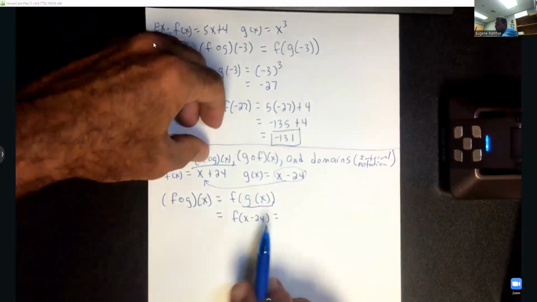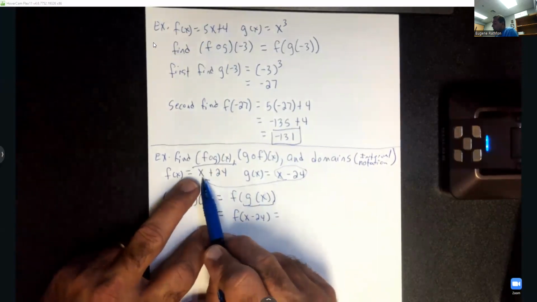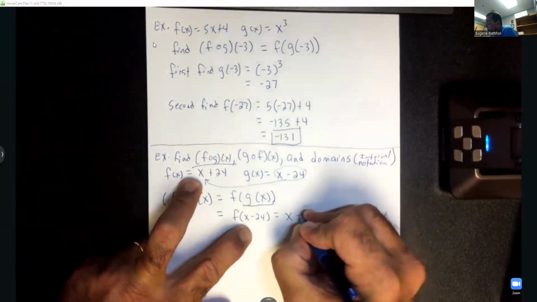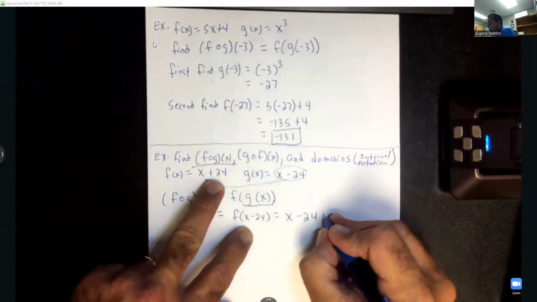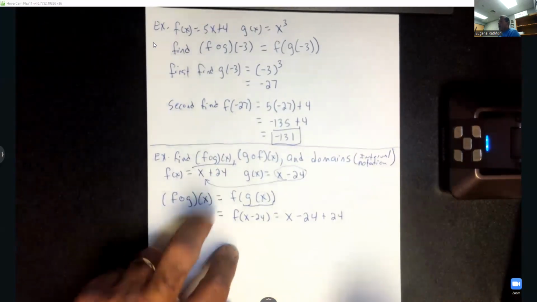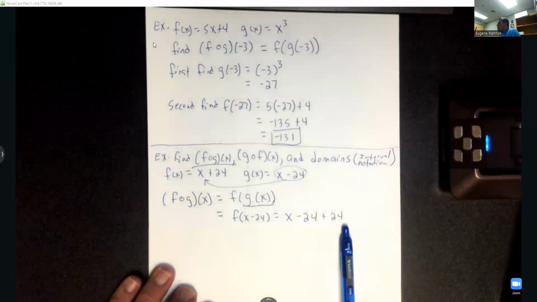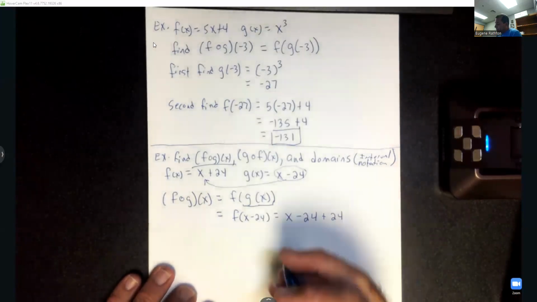So let's take our f equation, which is x plus 24. Replace this x with x minus 24 will give me x minus 24, and then at the end is a plus 24. So we still got a big x plus 24, except now my x is that whole function.